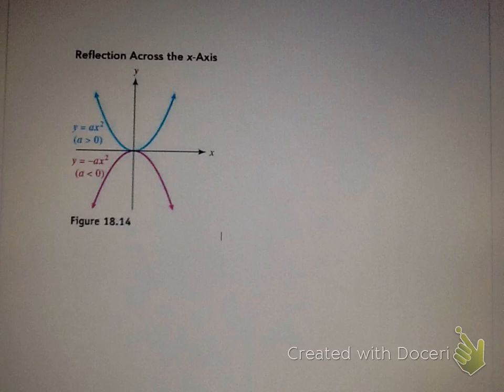So the basic parabola either faces up or down, and these two parabolas are in the form y equals ax squared, where a is a number. This one faces up because a is a positive number, greater than 0.